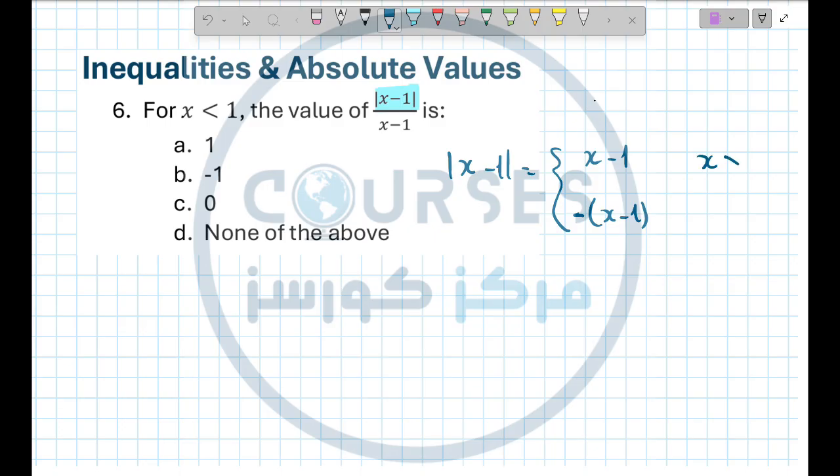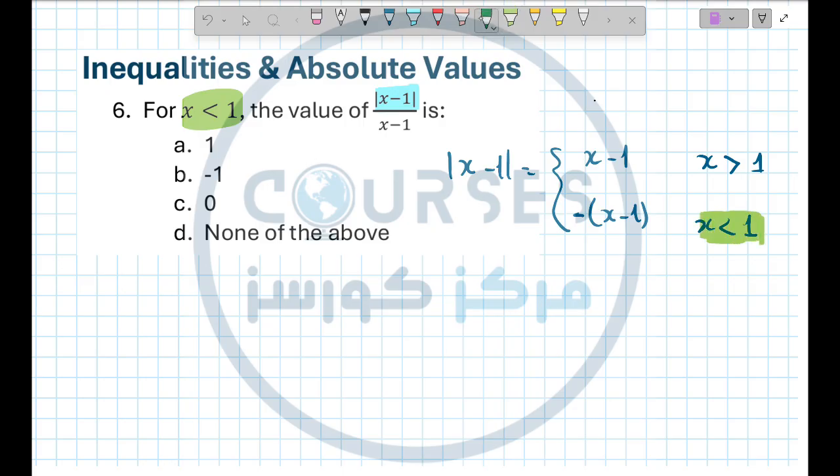So this will be when x is greater than or equal to 1, and this when x is less than 1. But notice that we cannot put 1 in the denominator. So this cannot be equal to 1, so just greater than. Which of them matches the condition he's putting for us? Yeah, x less than 1, it's this one.